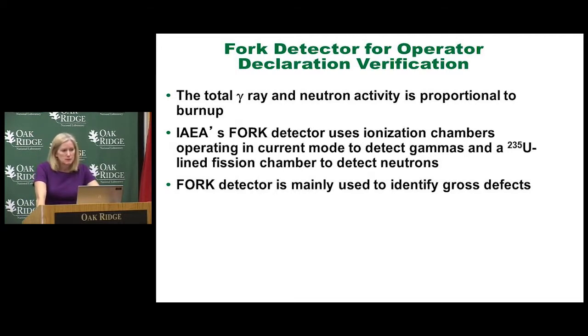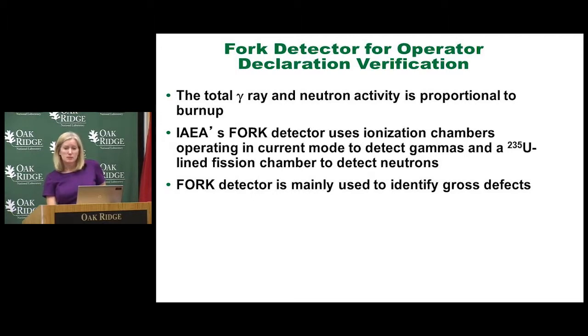But sometimes when the records don't match what they're expecting, or on a random basis, they'll come out and use, most commonly, a fork detector. And a fork detector measures the passive gamma activity and the neutron activity. So it's a gross gamma count and a gross neutron count. And it uses ionization chambers to measure the neutrons and the gammas.